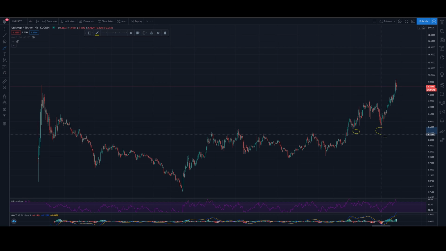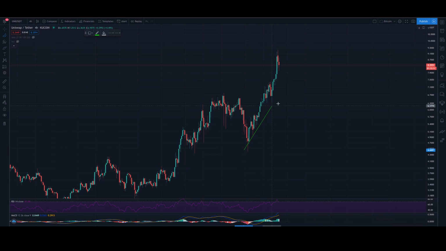A double bottom is a clear signal of the trend reversing. Once we created that double bottom and saw this floor, guess what happened? Uni price shot up much higher. And from there we traveled through this narrow channel right here, and then eventually the price action popped, reaching a new all-time high for Uni.